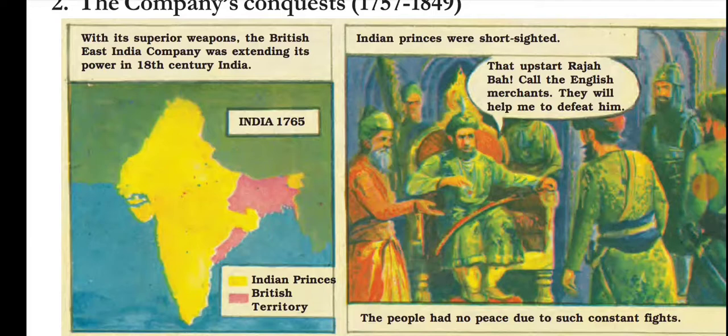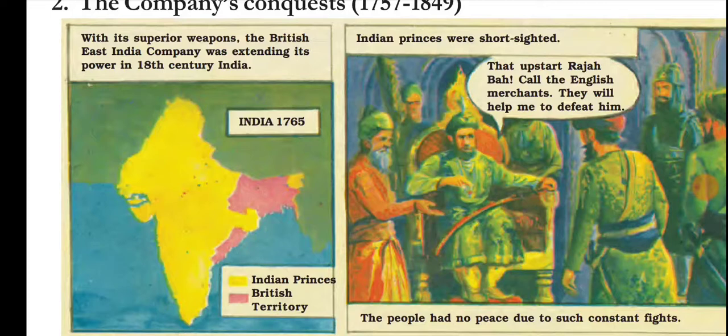It was because of its superior weapons. Indian princes were short-sighted, which means the Indian princes often involved themselves in quarrels, which was another reason why the British East India Company was able to grab a lot of territories in India.